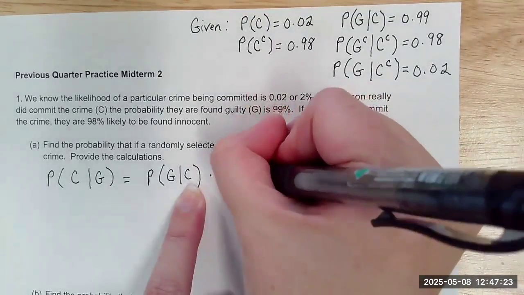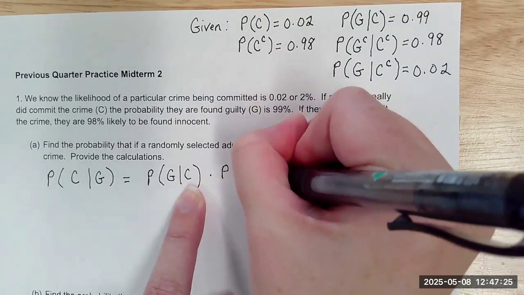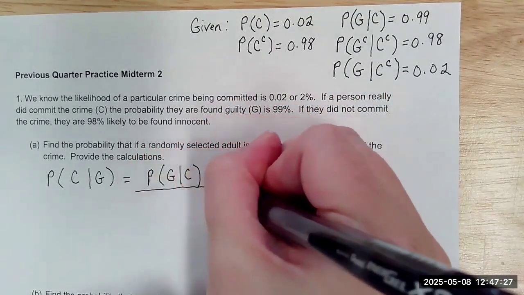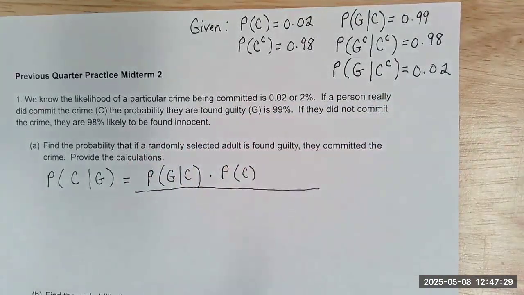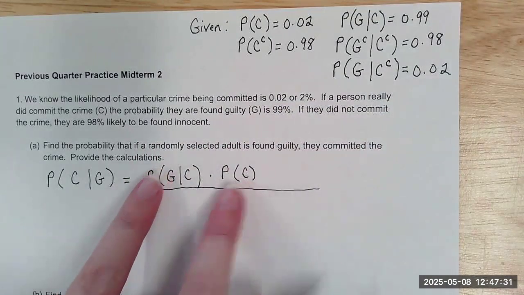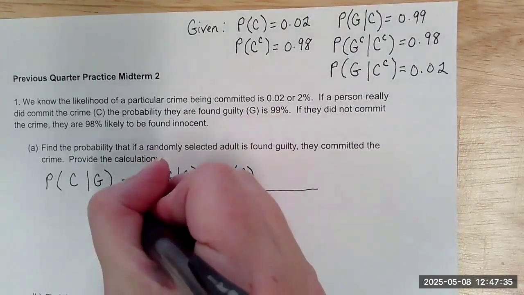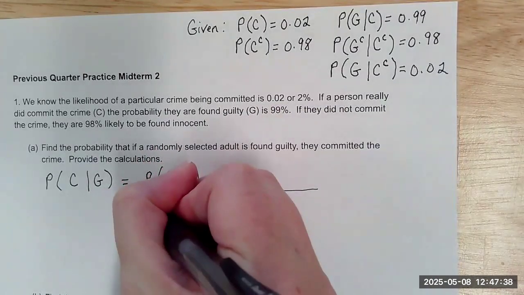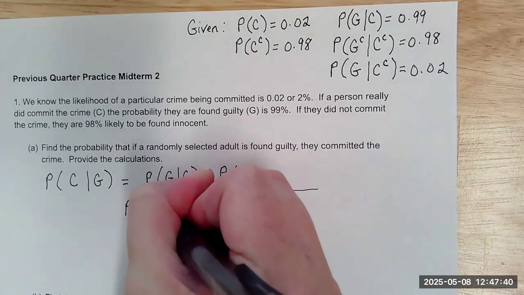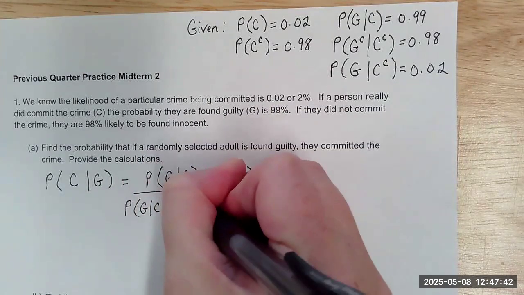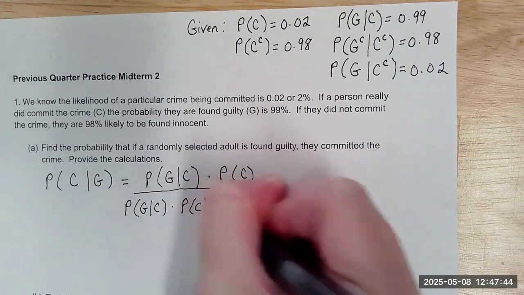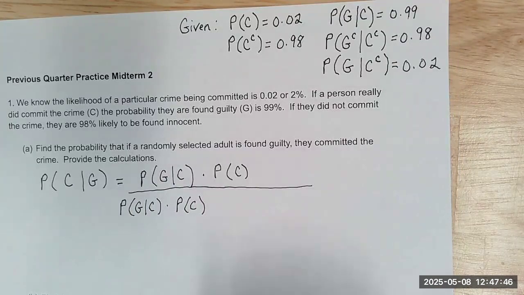So the probability of C. Okay. Then we draw our big old division line. And then do you remember we write exactly the same thing again right down here? So whatever we just wrote, we're going to write it again. So the probability of G given C times the probability of C again. I didn't change anything there. Just wrote exactly the same thing. And then we put a plus sign.